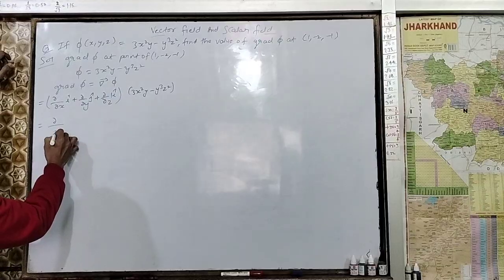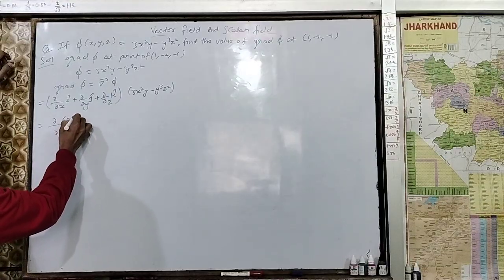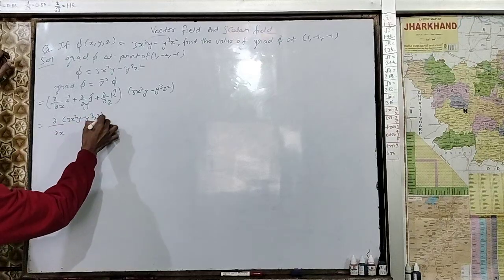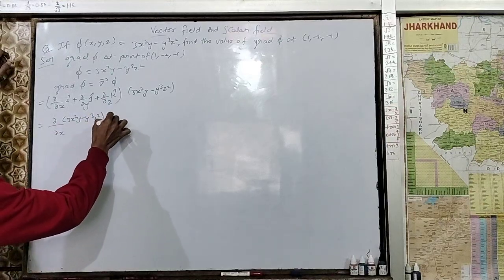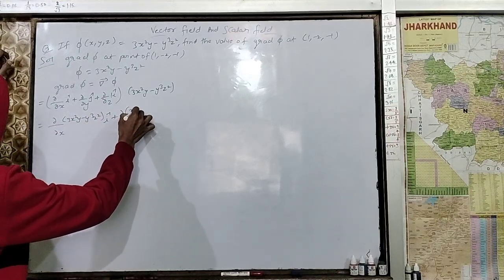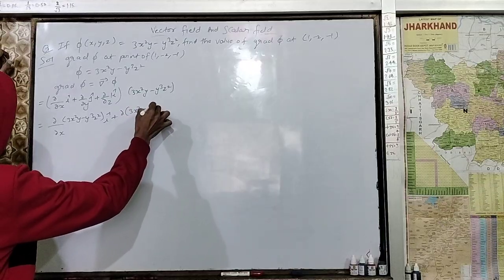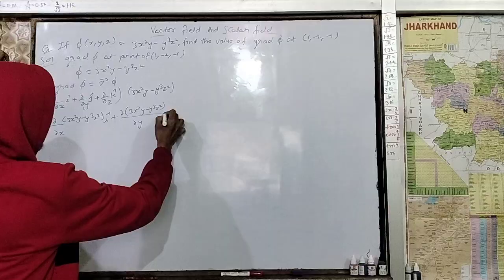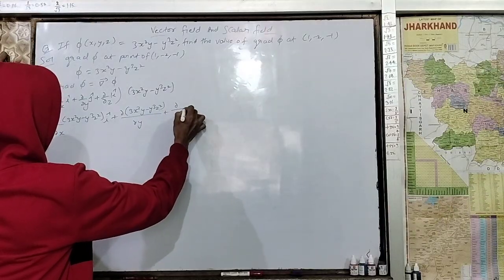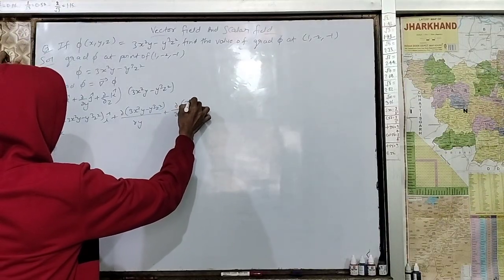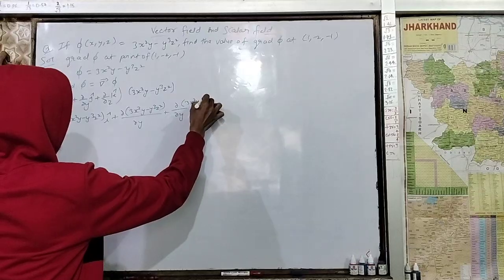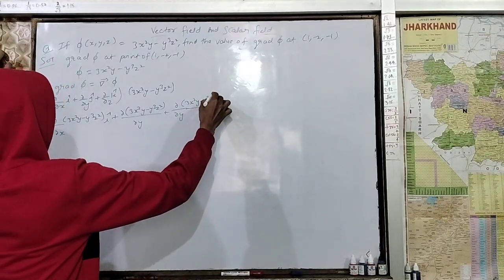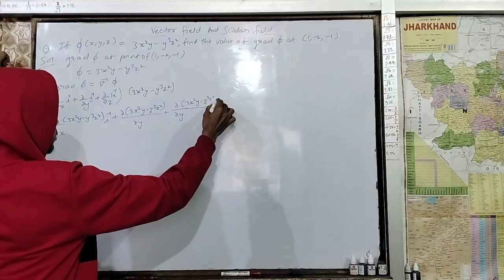This will be d upon dx of 3x square y minus y cube z square i cap plus d upon dy of 3x square y minus y cube z square. Now we have partial derivatives.